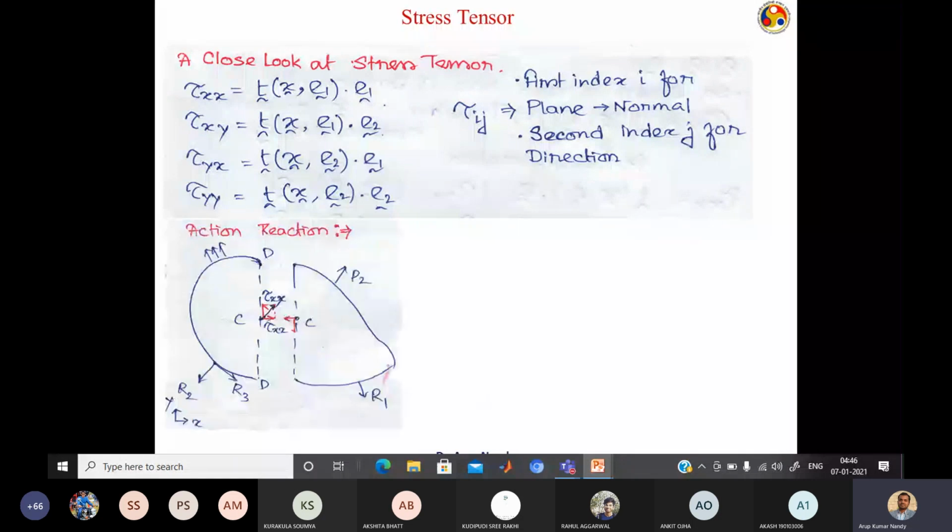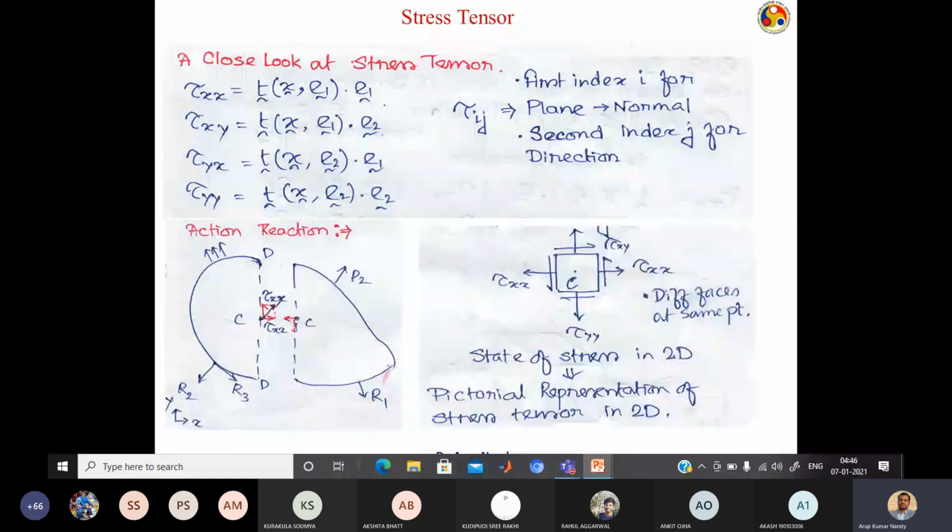Now if you consider this state of stress, we can draw a pictorial representation like this. Here this is in 2D. Now these planes, there are a total of 4 planes.